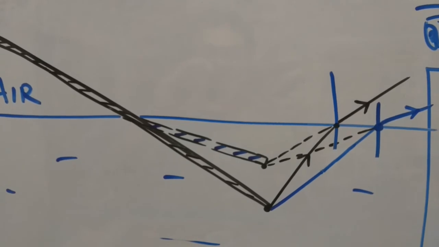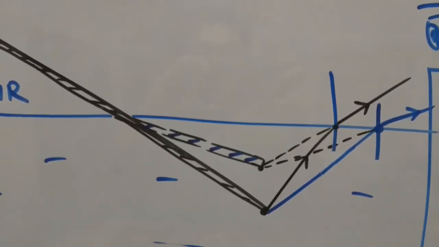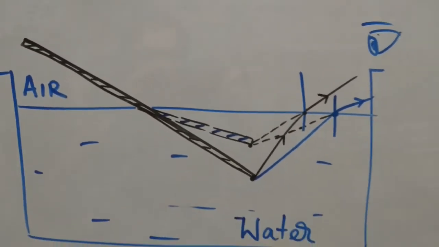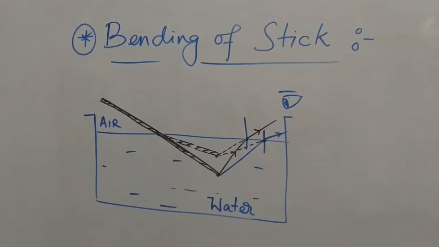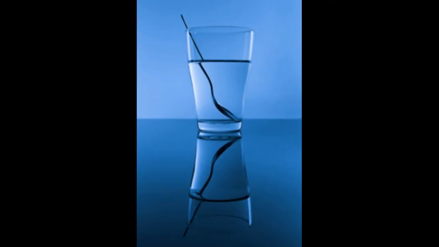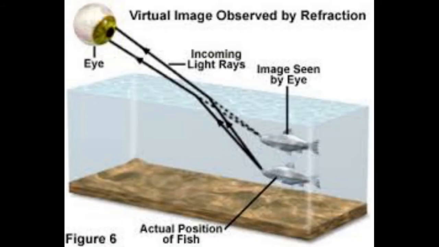So this is the diagram you should practice for your board as well as school exam. This is very important. Okay, do practice this diagram. So we have completed the section real depth, apparent depth due to refraction of light from denser to rarer medium. We have already completed all the examples, diagrams and everything.